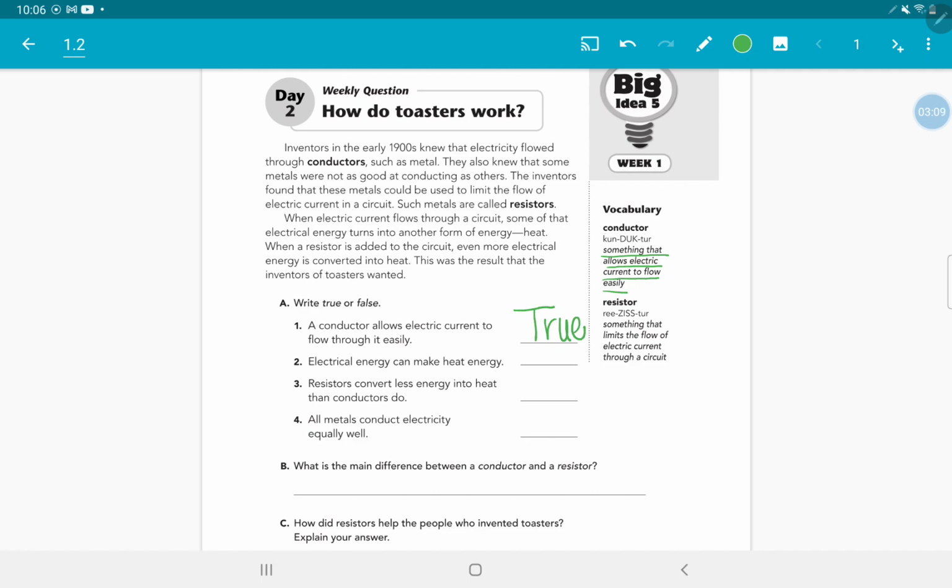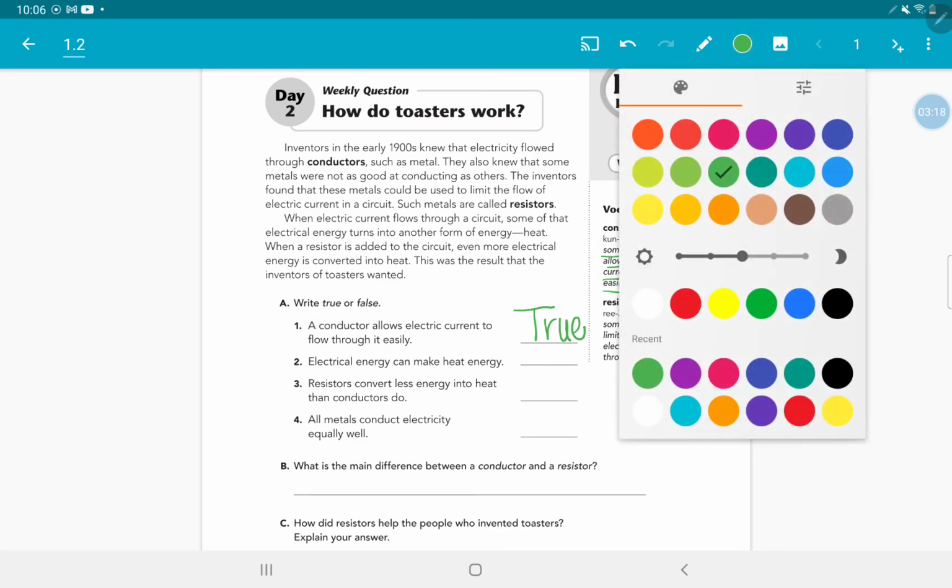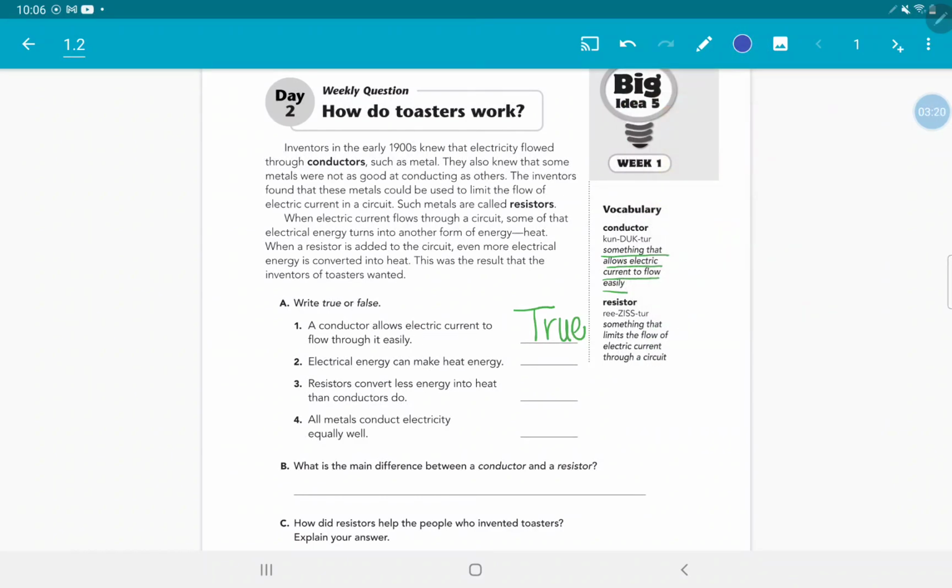The second question says electrical energy can make heat energy. Is that going to be true or false? How do you know that that's true? What does it tell us in our passage so that we know that's true, Jaden? Where in our passage, what text evidence tells us that that is true?